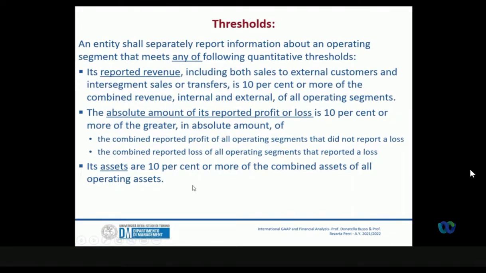The third threshold relates to the assets, and if the total assets of a certain segment are 10% or more of the combined assets of all operating segments. So remember, the three thresholds relate to revenue, profit, and the assets.